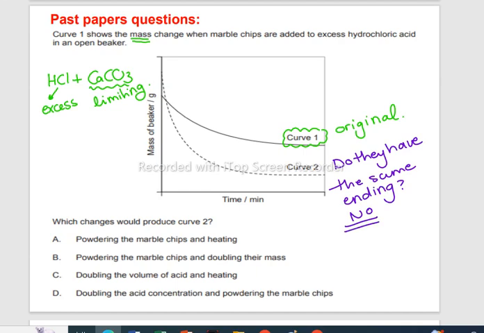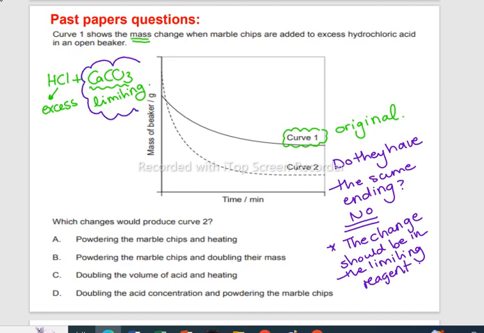Since they do not have the same ending, the change needs to be in the limiting reagent. According to the question, it's calcium carbonate. So when I start reading the answers, I need to look for something taking place for calcium carbonate, not the hydrochloric acid.